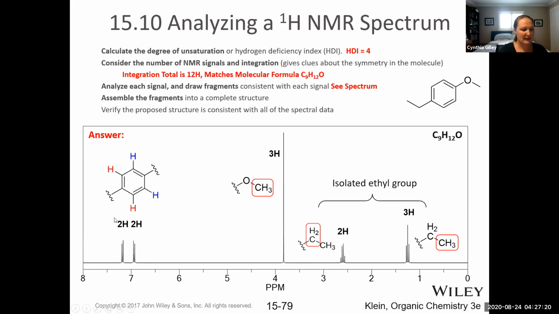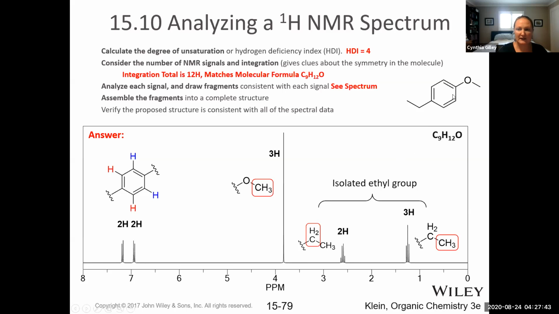So one of the things I like to look at is the integration. There's 4 hydrogens total. That means I should draw 4 hydrogens attached to my ring, and that these groups are something else, not hydrogens. And they're para, which creates some symmetry, right? Which means that these blue ones are equivalent and the red ones are equivalent.